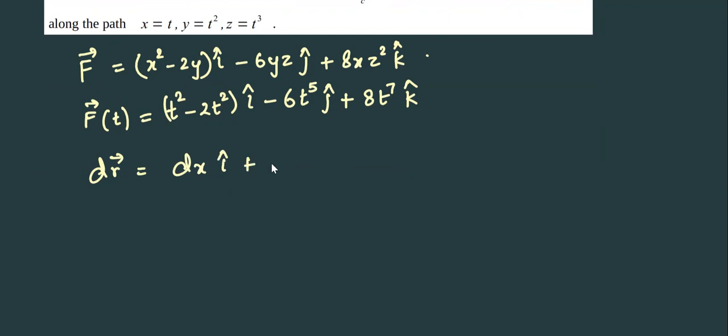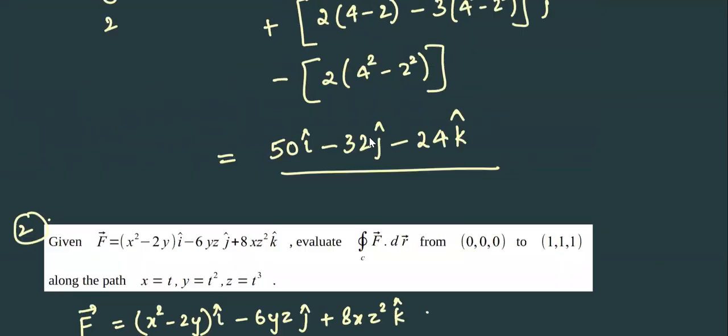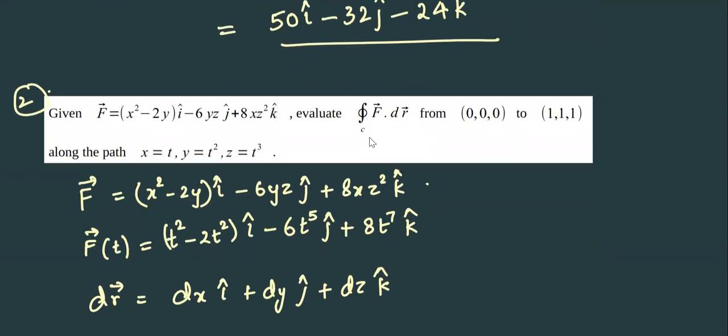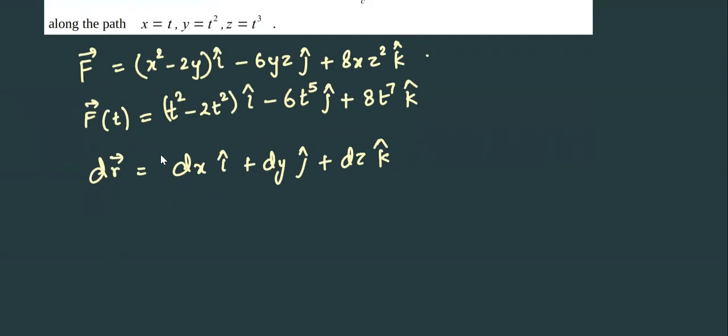Now what is dr? dx i plus dy j plus dz k. Now what is f dot dr? F dot dr will be t square.